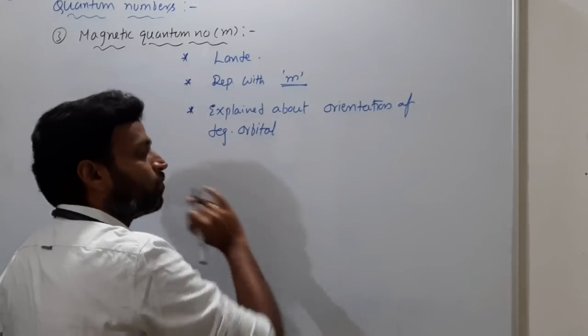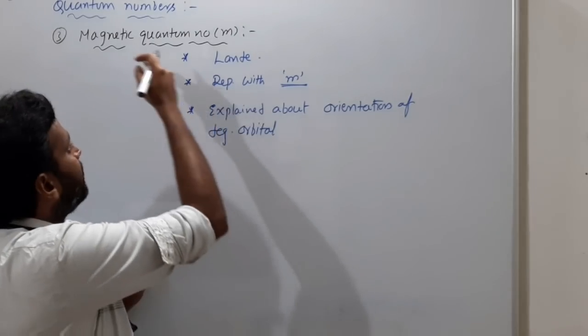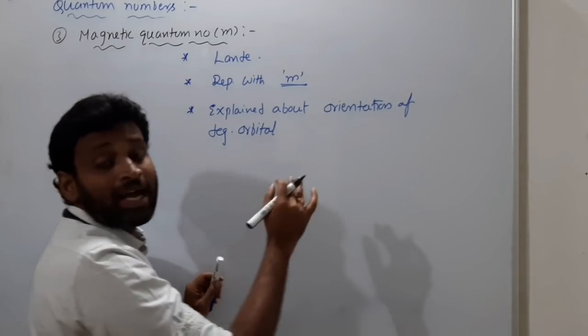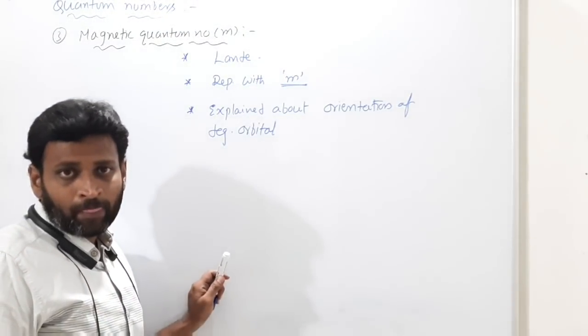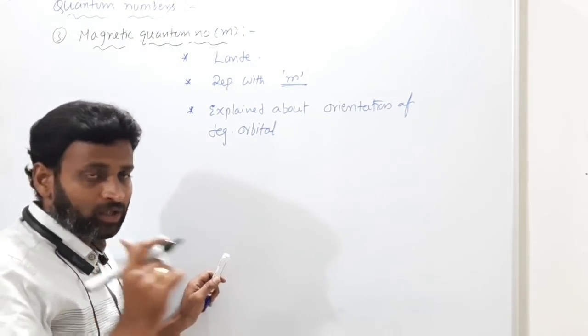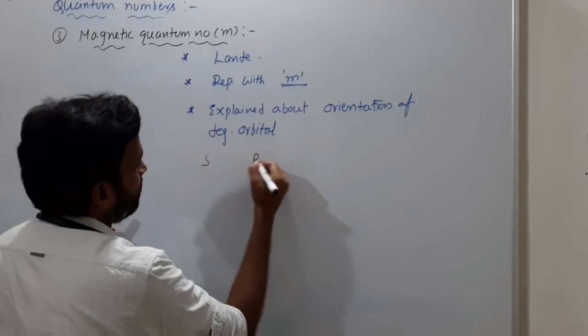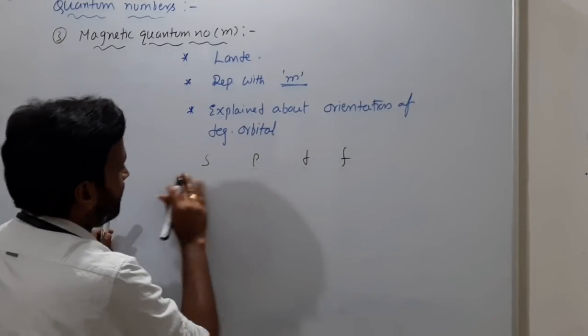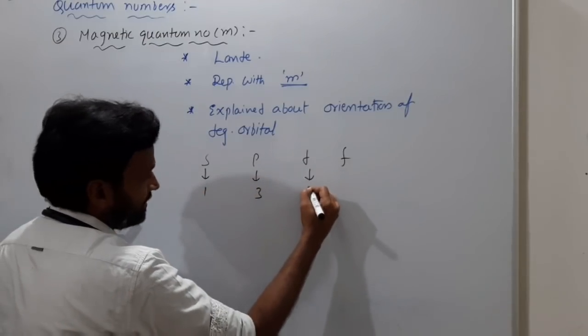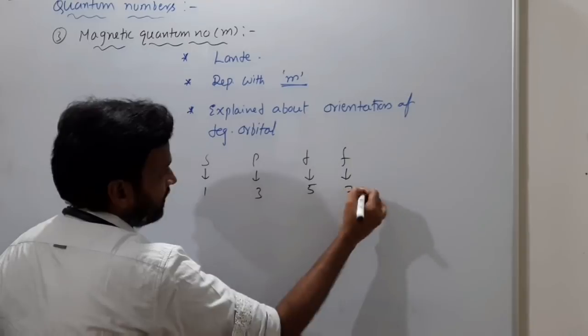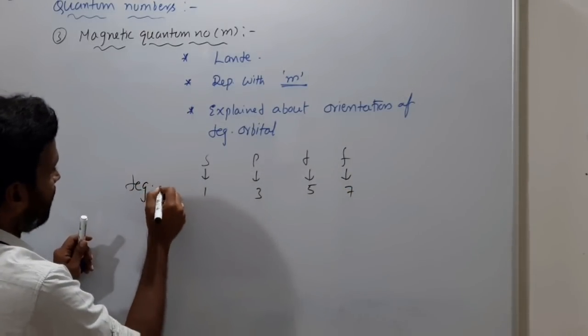Magnetic quantum number explains the orientation of orbital. Do you remember? S, P, D, F: S has 1, P has 3, D has 5, F has 7. These are the degenerating orbitals.